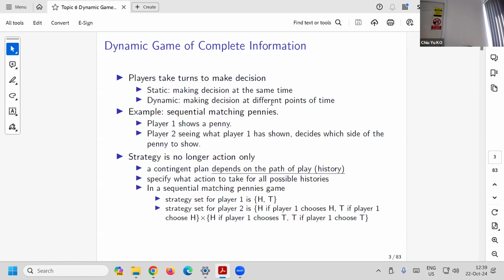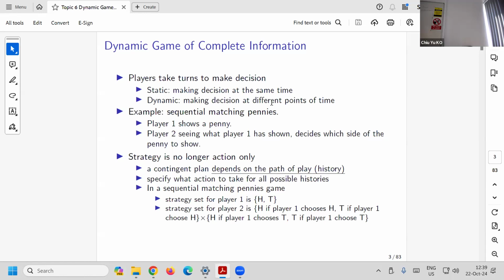So instead of a strategy of head or tail, he has to say, under the two possible scenarios, what the action might be. So the strategy set, instead of two elements, head or tail, is actually a vector of two elements, right? You play head if player one chooses head, and if tail, what is he going to do, right?